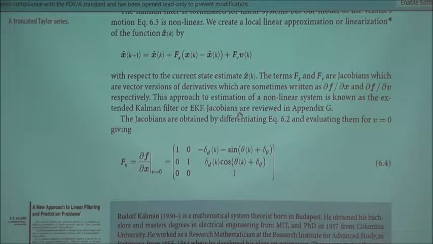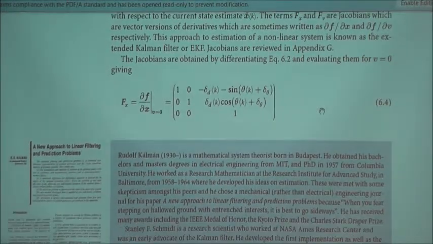This approach to estimate a nonlinear system is known as the extended Kalman filter, or EKF. Jacobians are also reviewed in Appendix G, which you saw before. So I strongly recommend to you, don't wait for the homework to arrive. Read those appendices, and then read the chapters. Okay. The Jacobian is calculated based on equation 6.2 with respect to x as this value, when v is equal to 0. Okay.